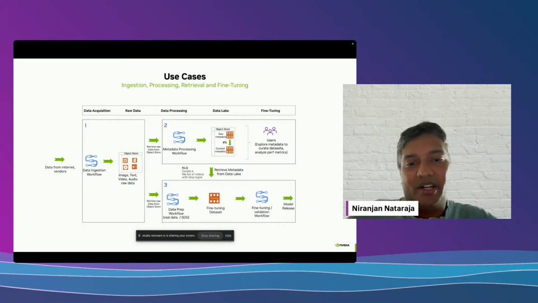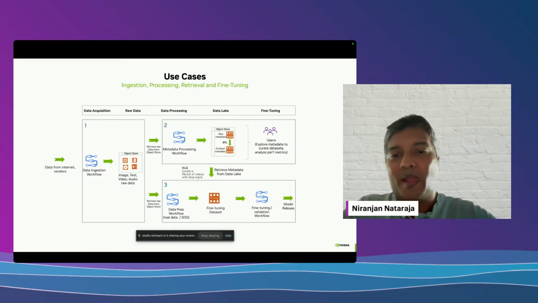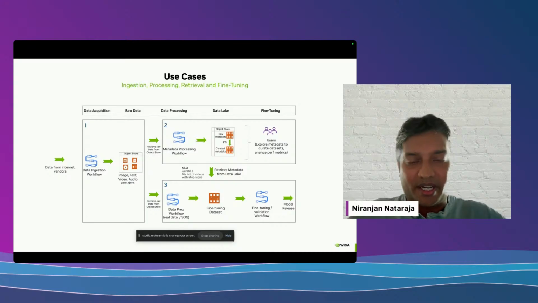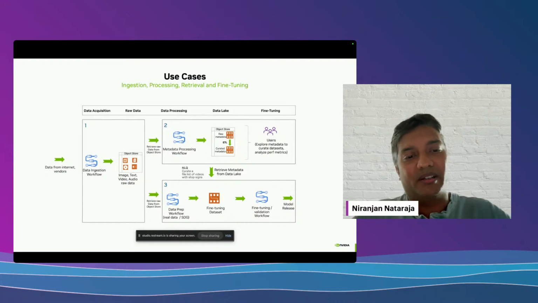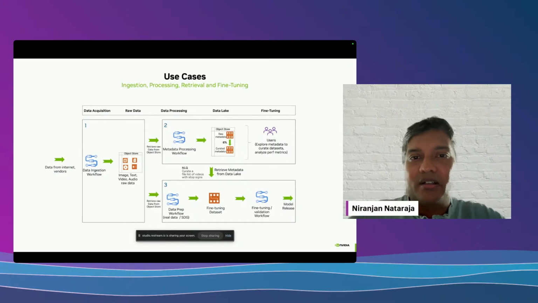Now you feed that into a data preparation workflow. This data preparation workflow will identify the raw files and then convert that into a fine-tuning data set, and this data set is fed into the fine-tuning or validation workflows that will create the models. So this is the entire flow.